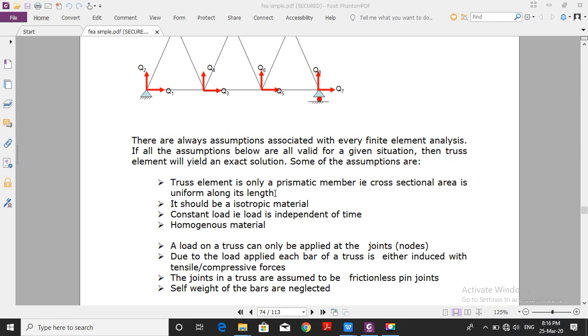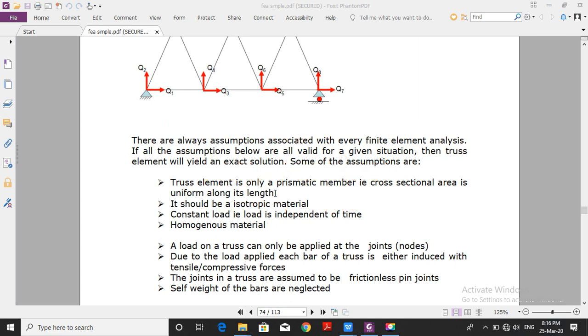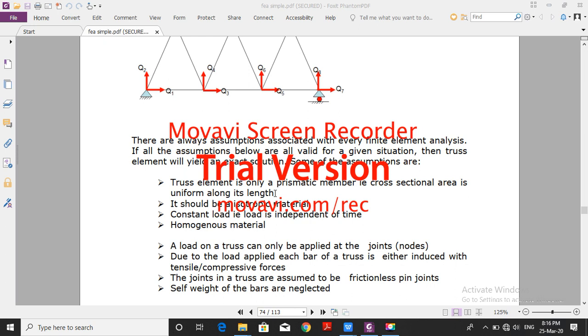As we are dealing with ideal conditions, we are considering it as an isotropic material. A constant load we are considering here, that is, the load is independent of time. It has only magnitude, so it is not changing with time. Also we are considering the material as homogeneous, so properties are not changing anywhere.